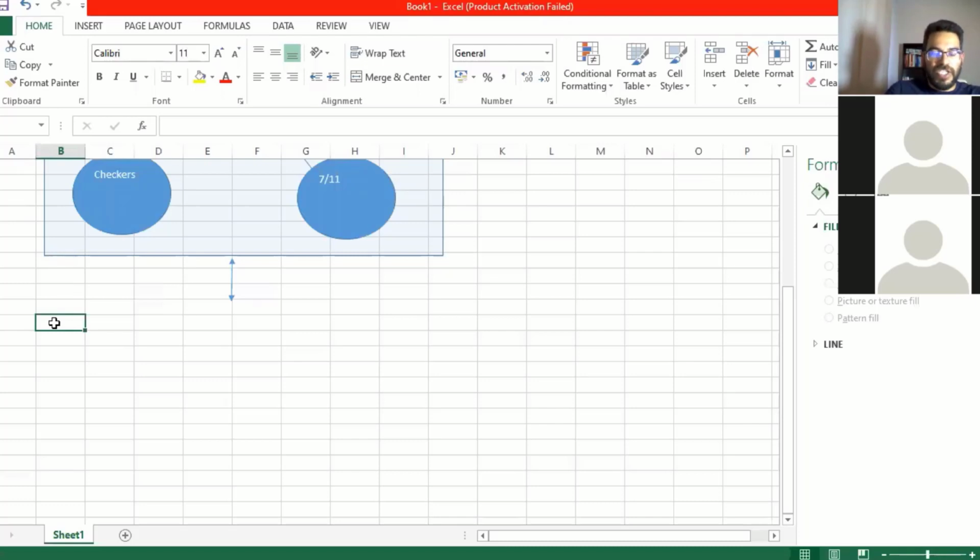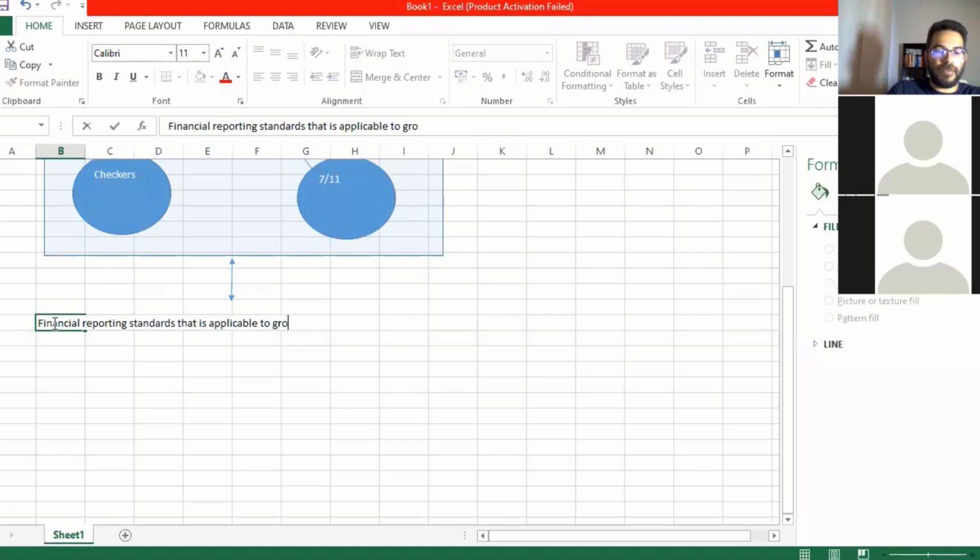One of the first standards is going to be, let me just say, financial reporting standards that are applicable to group accounting.